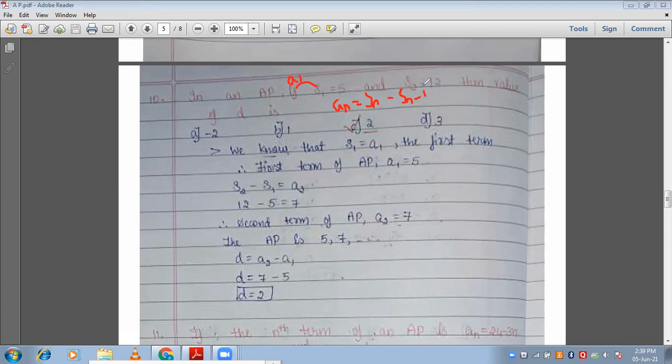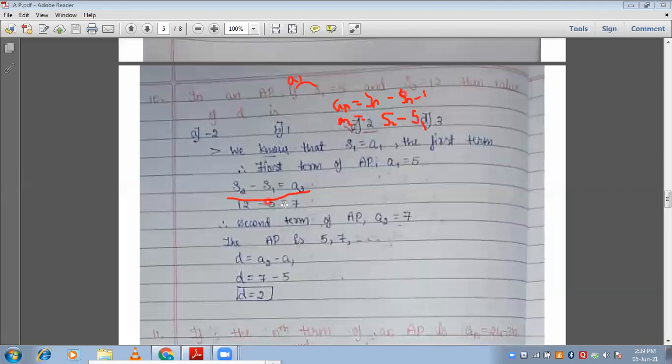You need to find out a2. In the place of n, put 2. a2 is equal to S2 minus S of 2 minus 1, which is 1. Yes, S2 minus S1 is equal to a2.